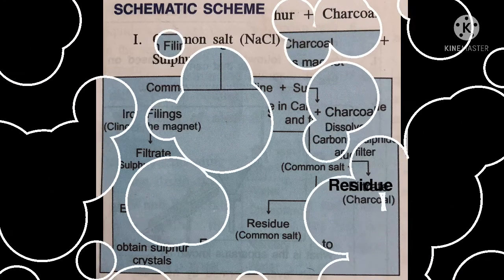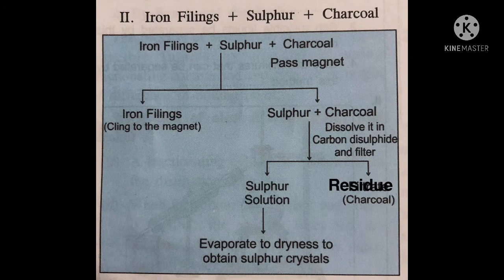Look at the next mixture, that is iron filings, sulfur and charcoal. In this case first of all we will place a magnet on this mixture. The magnet will attract all the iron pieces towards itself. So by using a magnet, iron is separated. Now sulfur and charcoal are left.